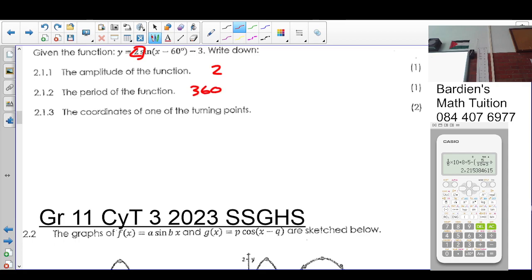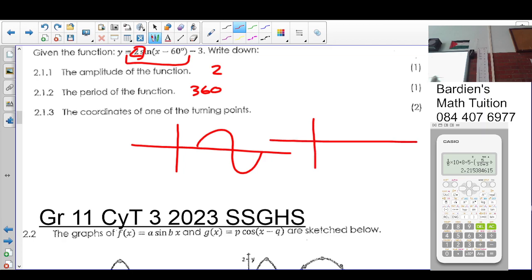The coordinates of one of the turning points. So if I look at the sine graph for 2 sine x minus 60, it's going to move 60 units forward. If I'm looking at 2 sine x, that is that graph, where the maximum is at 90. If I move negative 60, it's going to go 60 units to the right.